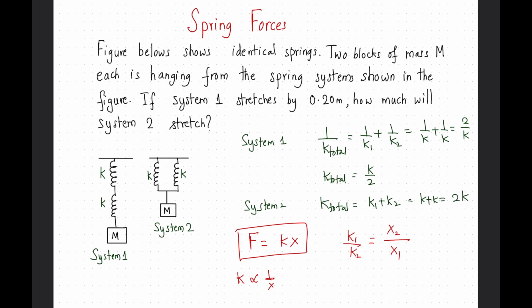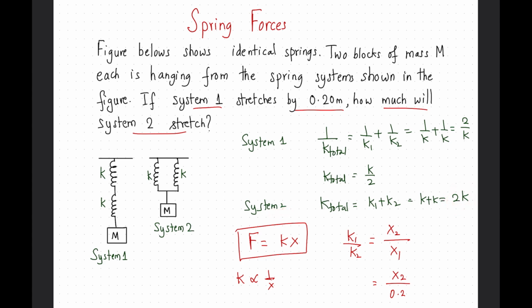We want to find out if system 1 stretches by 0.2. So that means we know what x1 is. x1 is 0.2. How much will system 2 stretch? We don't know what x2 is. k1, we know in terms of k. It's k over 2. And for system 2, it is 2k.